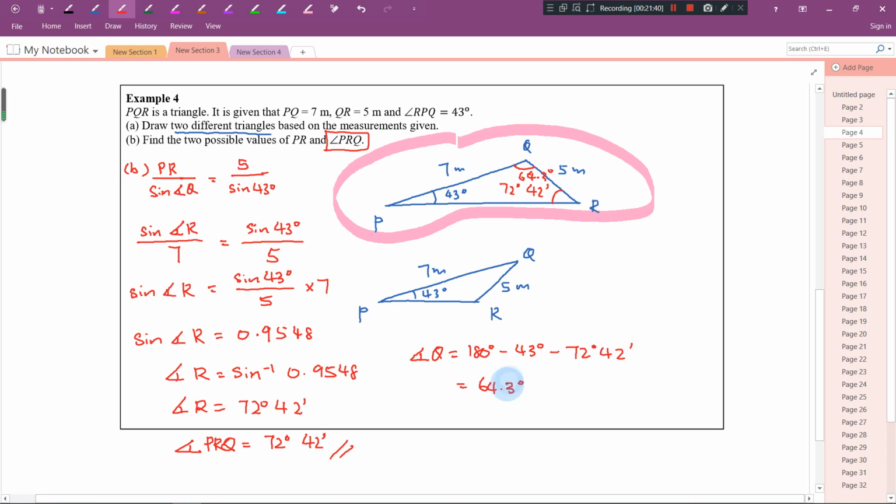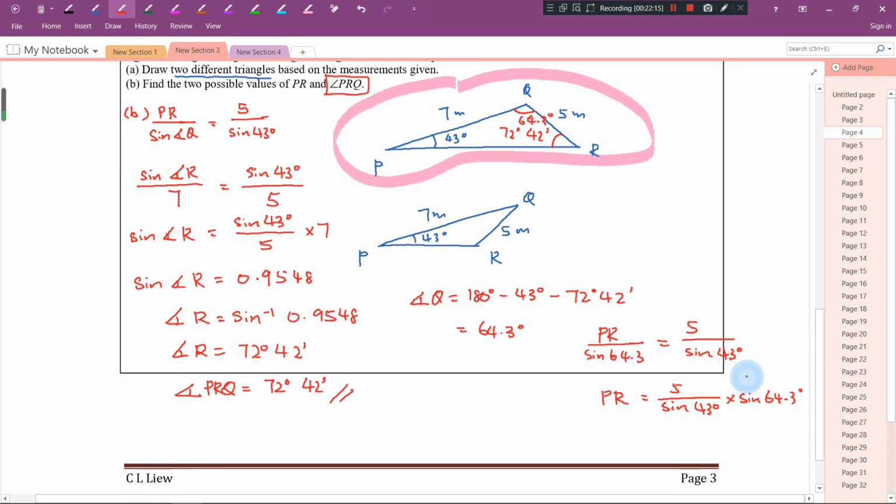Now once we have this angle, it is very easy for us to get PR. PR over sine Q, which is sine 64.3, is equal to 5 over sine 43. So PR will be equal to 5 divided by sine 43 degrees times sine 64.3 degrees.